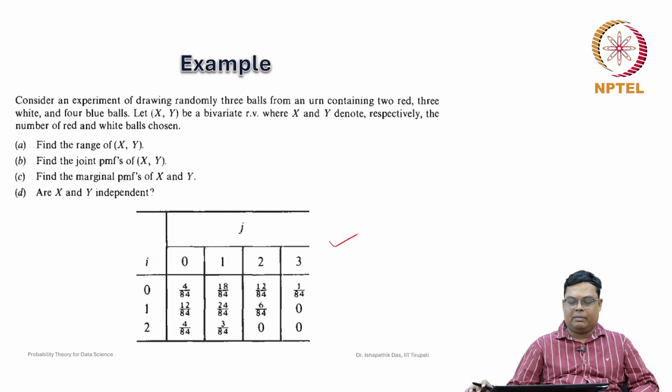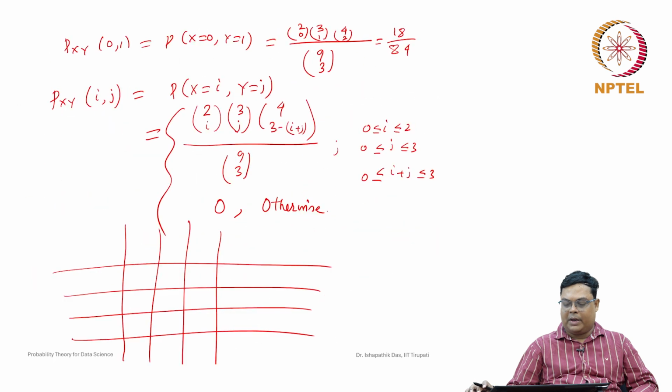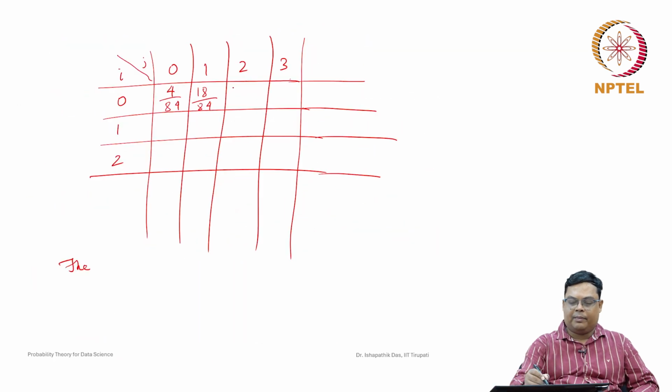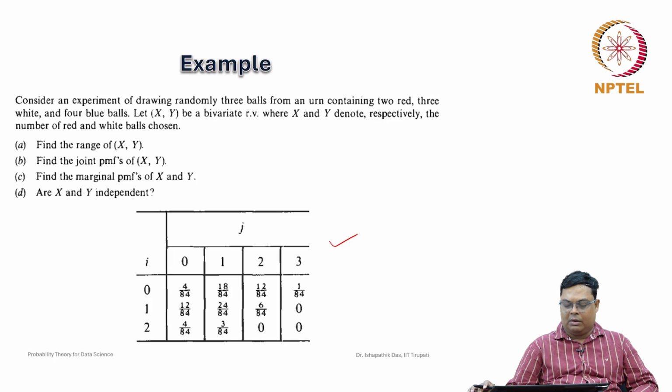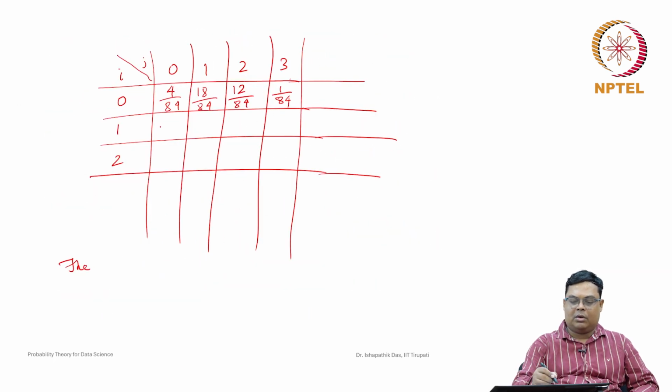Let us write down these values: 18 by 84, 12 by 84 and 1 by 84, 12 by 84, 1 by 84. The next line is 12 by 84, 24 by 84, 6 by 84.